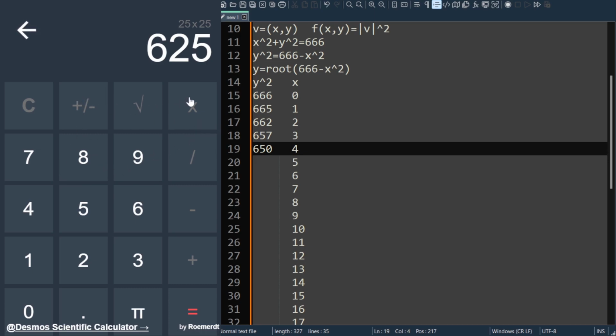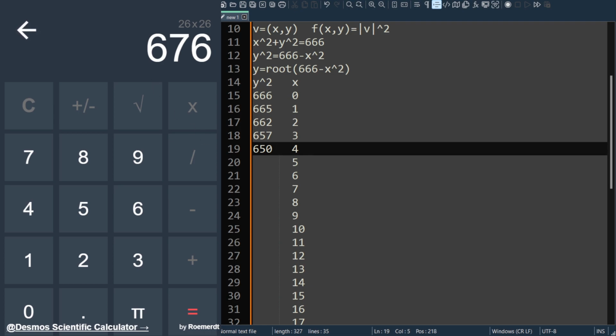So what is 26 times 26? 676. Not anything. Oh, maybe we would need to go up 10. No, I can't go upwards. Or can I? No, it wouldn't work.